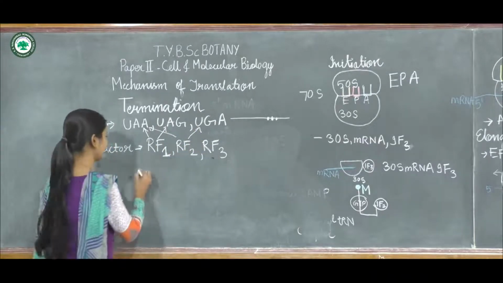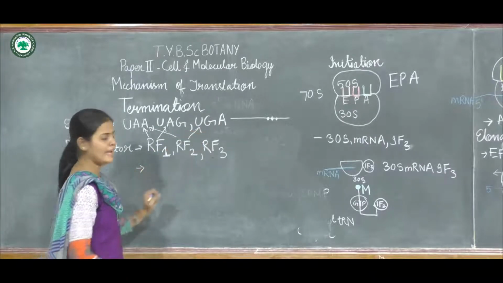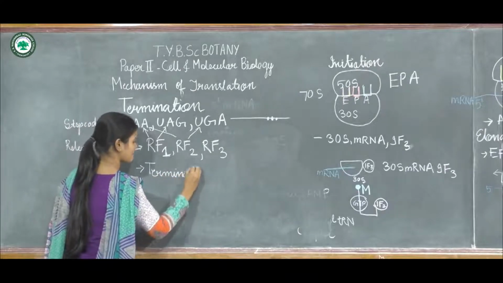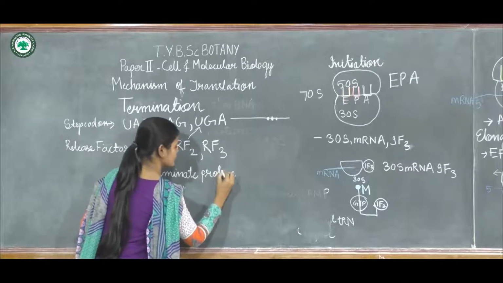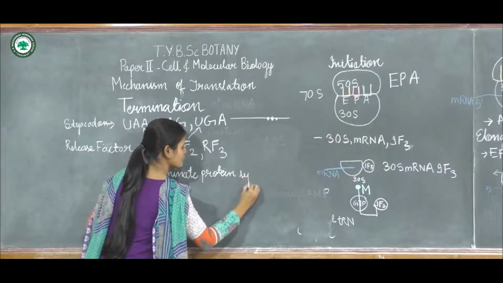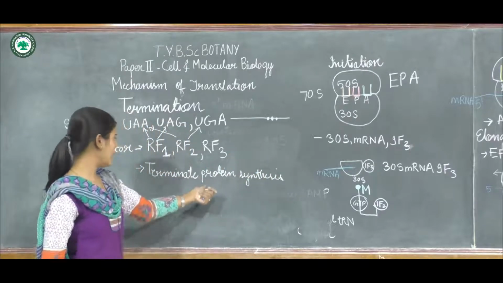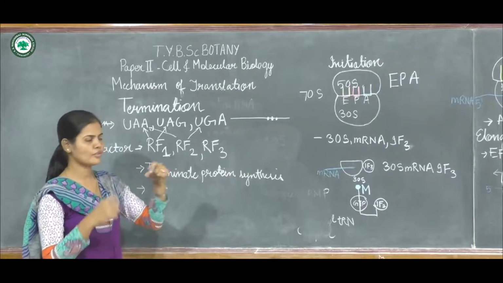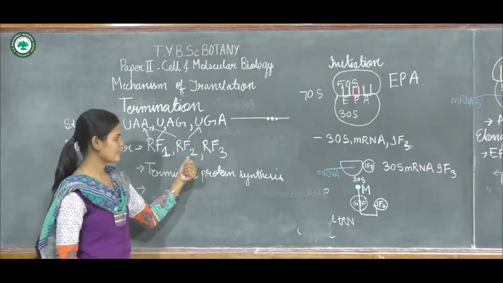So after the recognition, what will happen? This release factor will recognize the stop codon and it will terminate the protein synthesis process, and the ester bond present on the polypeptide chain of the protein will also be cleaved by this release factor.